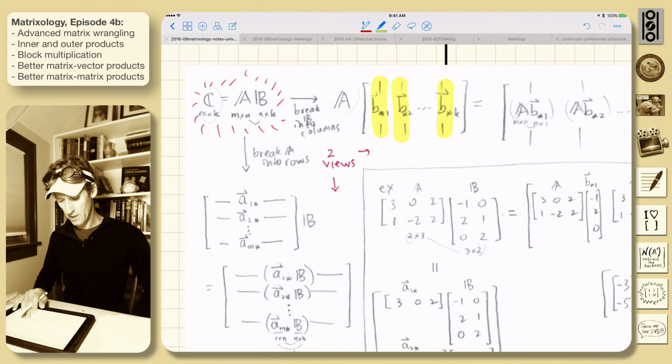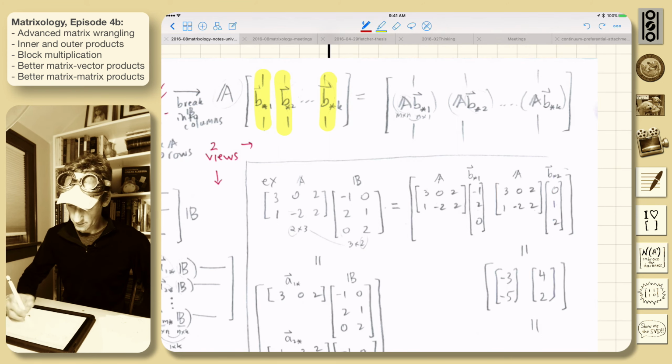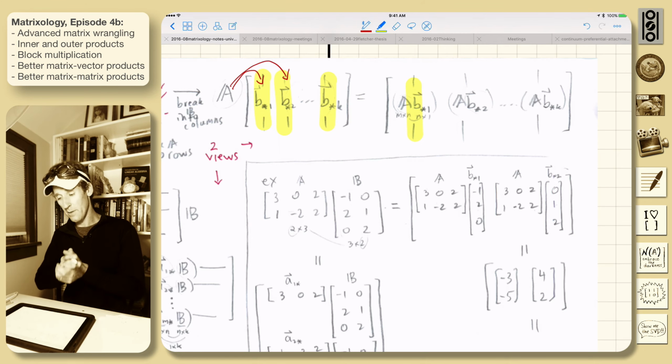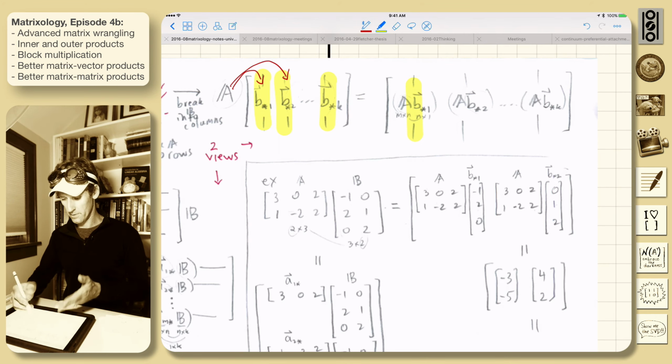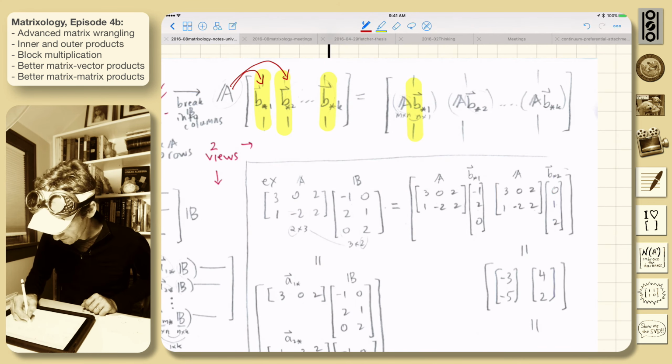The product C, we're trying to get to C, right? So C is then, we can take A and multiply B1, the first column, and then the second column. Boom, we can get this one, right? And that will give us these new columns. So it's just A times a column, which is itself a column vector, right?